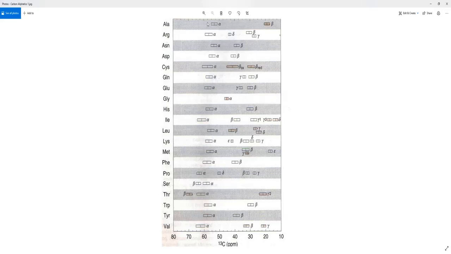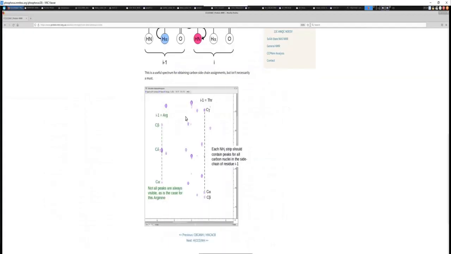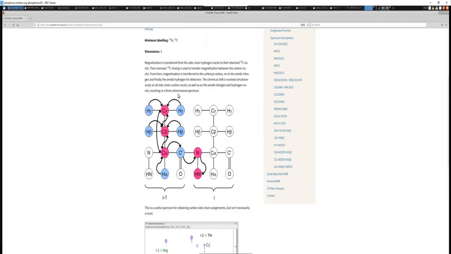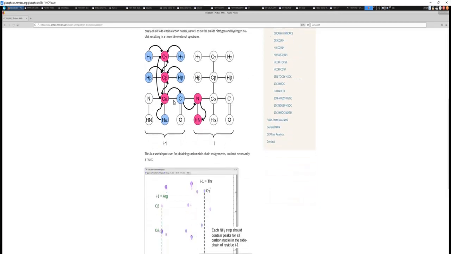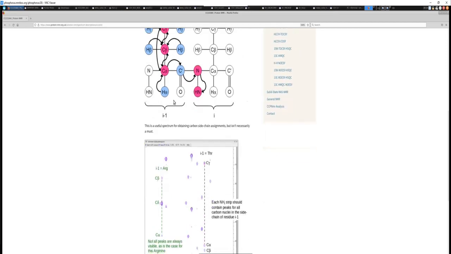You'll notice we've been looking only at alphas and betas, but many amino acids have gammas, deltas, and some of them even have epsilons. And these each, you can see, have unique chemical shifts. And so what the CCONH shows is those extra carbons, the C gammas, the C deltas, the C epsilons.